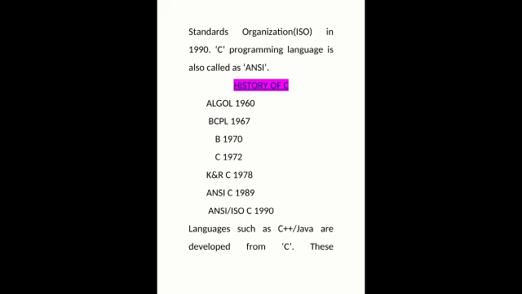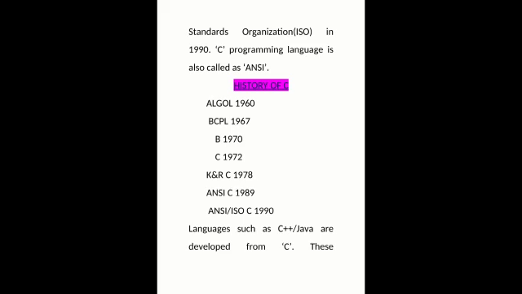History of C language. The first programming language was ALGOL, developed in 1960. Next, BCPL, Basic Combined Programming Language, was developed in 1967. Next, the B language was developed in 1970.